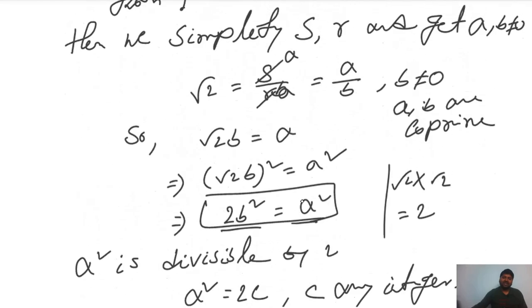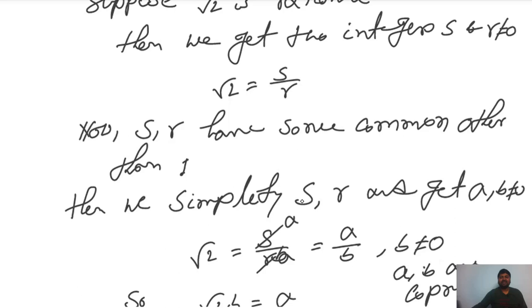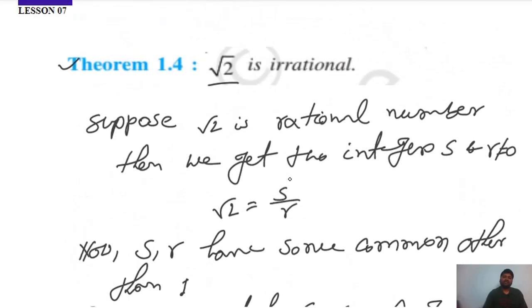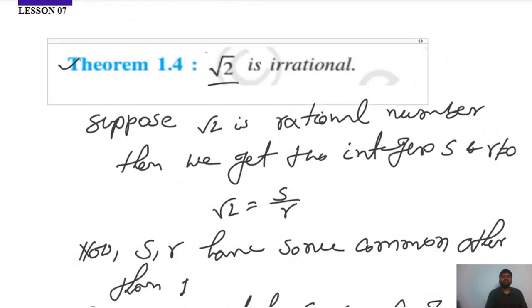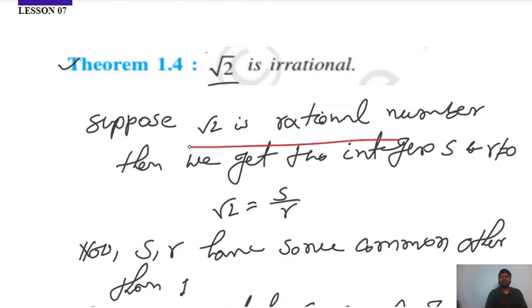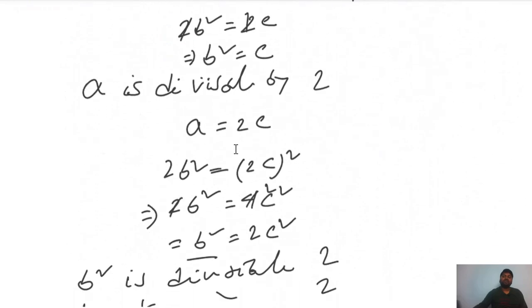Then we get the contradiction: we took a and b as co-prime, with no common factor other than 1, but both are divisible by 2. So our assumption that root 2 is a rational number is contradicted. That means there is some mistake, and root 2 is an irrational number.